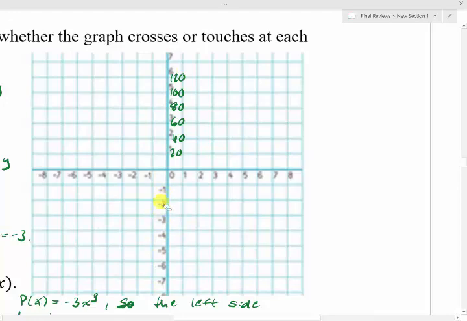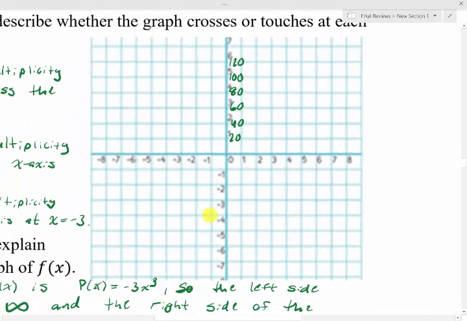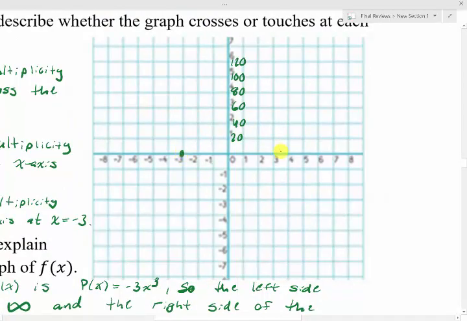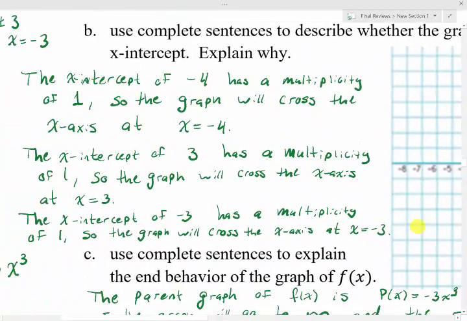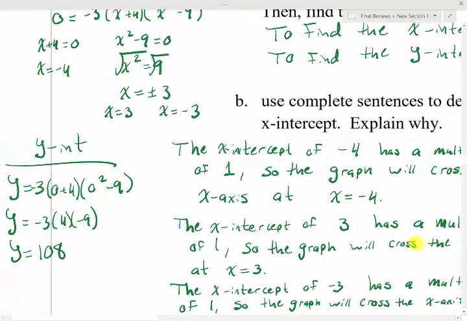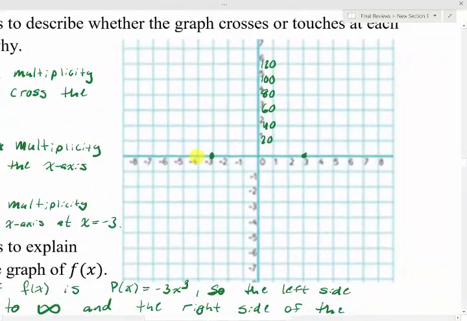Cool. So I'm going to go ahead and plot my intercepts. So we had positive 3, negative 3, and negative 4. We know that the left side of my graph will shoot off to positive infinity, and the right side of my graph will shoot off to negative infinity.